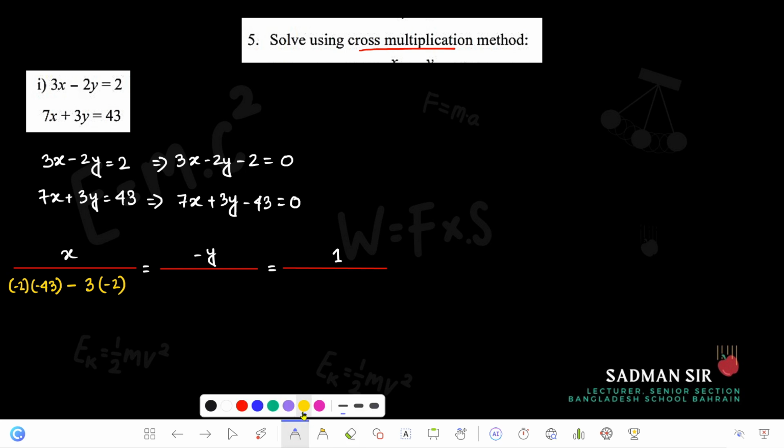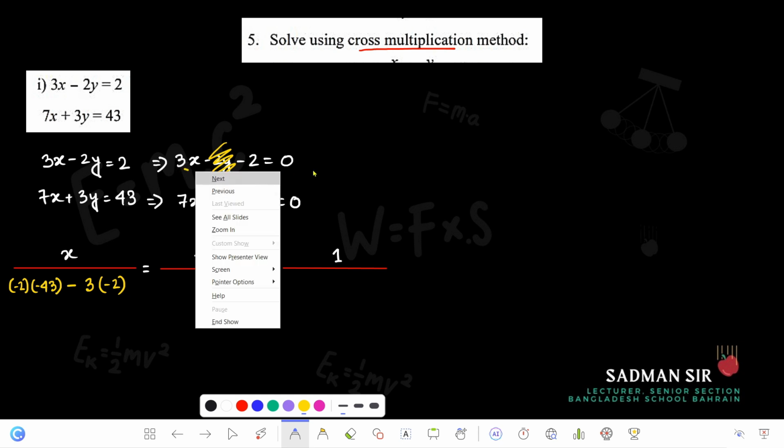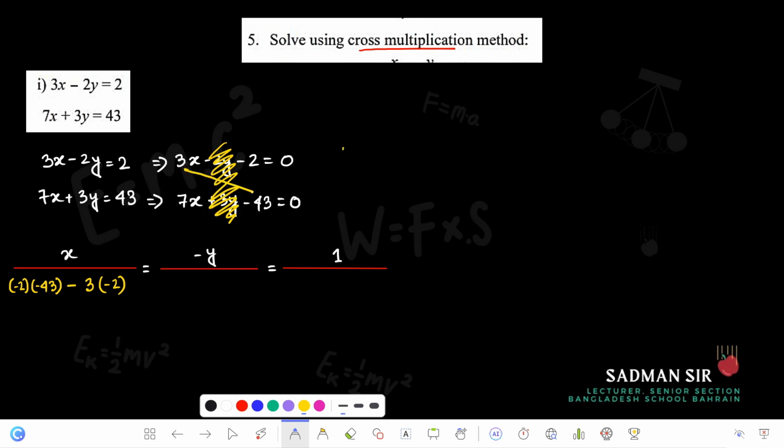So if we are doing it for y, then we have to hide y, right? And we need to multiply 3 with minus 43. 3 into minus 43, and then the subtraction sign from the formula, then 7 into minus 2.